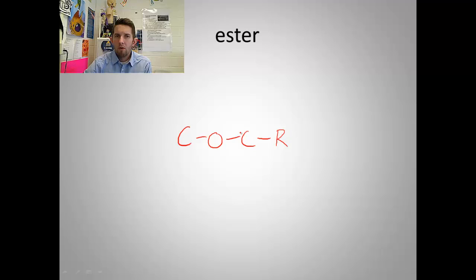So this is kind of the rest of the molecule, and then the rest of the molecule continues this way. So that's signified by the R. But one of these carbons has a double bonded O to it. Could be this one, could be that one. But if you see this series of atoms in the middle of a molecule, that's going to signify an ester functional group, and it's going to cause the molecule to act a certain way.